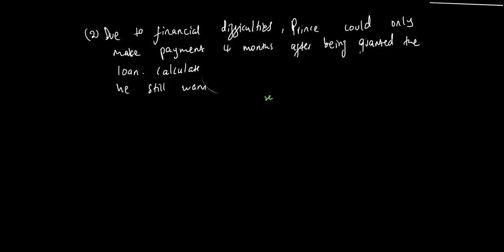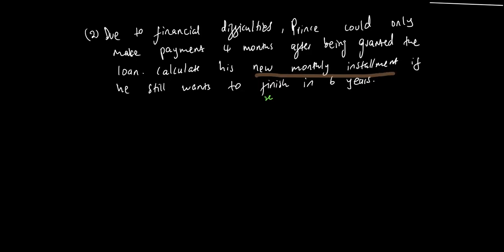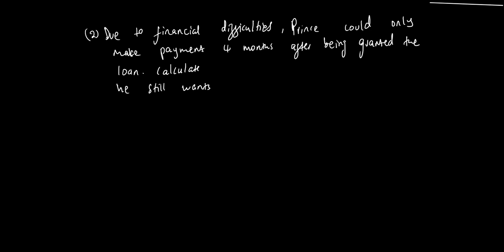Now, let's say I don't want the bank to increase my monthly installments. If I don't want the bank to increase my monthly installments, listen carefully. I'm going to tell the bank, I want to keep paying the same monthly installments.